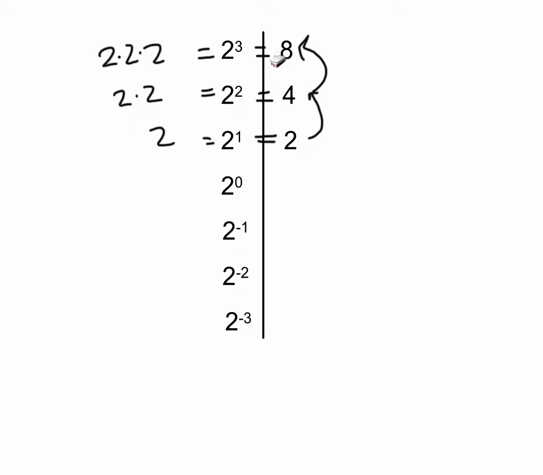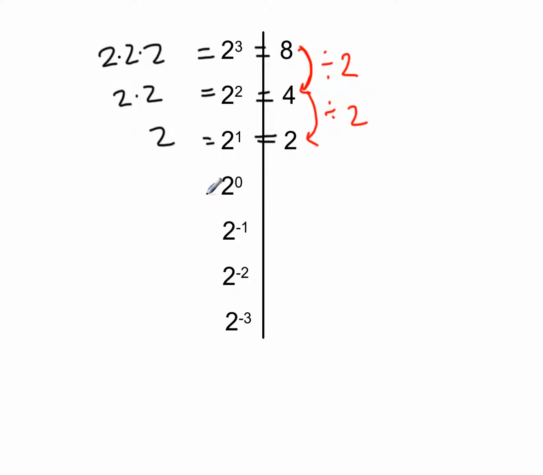Okay, great. Now, what if I look at this a different way? What if I look at it moving down the chart? From 8 to 4, I'm not multiplying by 2, but instead I'm dividing by 2. 8 divided by 2 is 4. 4 divided by 2 is 2.